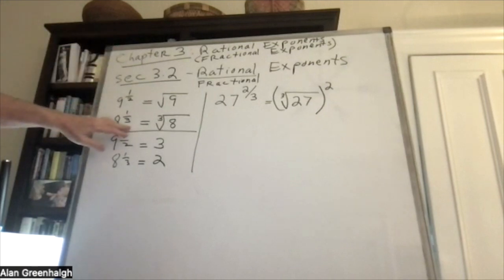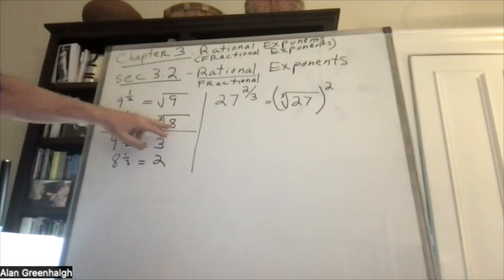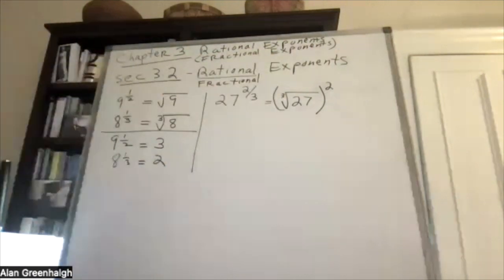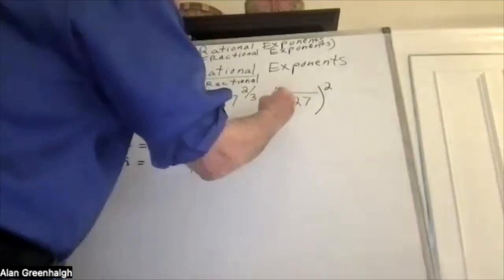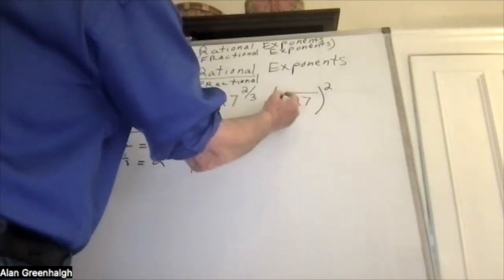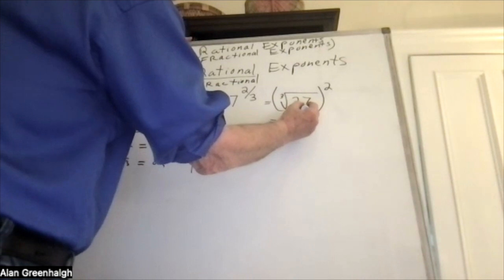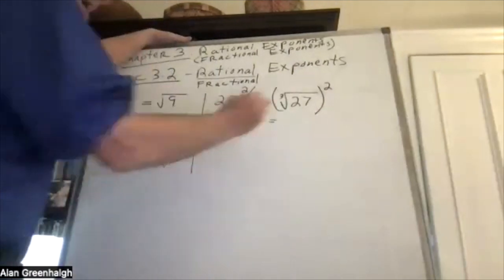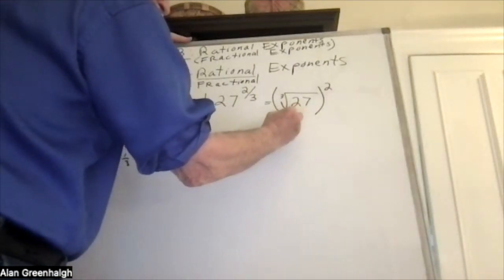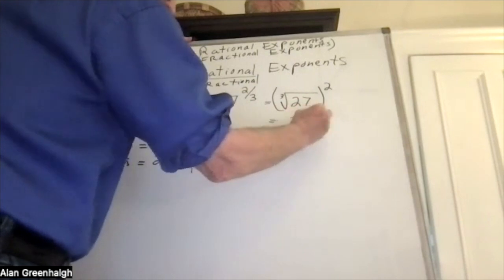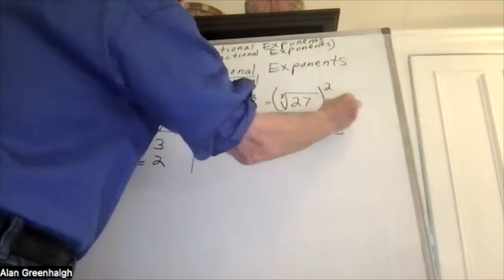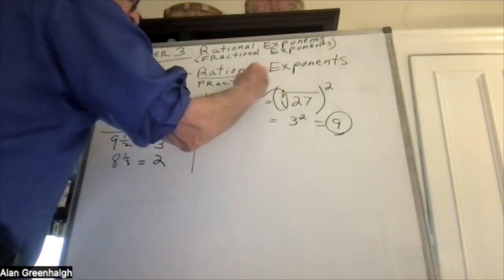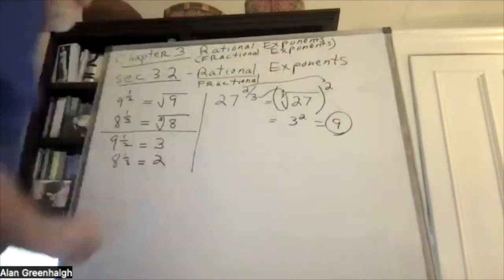So the bottom number puts it in a radical, and the top number simply raises it to an exponent. So the answer here will be the number which, when multiplied by itself 3 times, will give you 27, and that number is 3, and then to the second, and the answer would be 9.